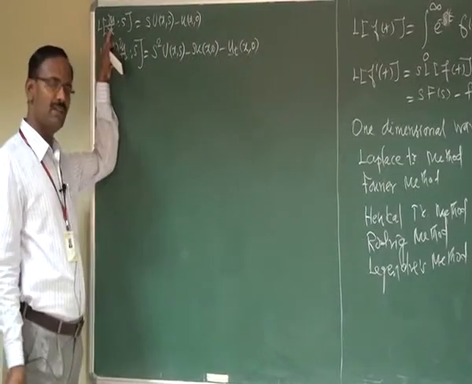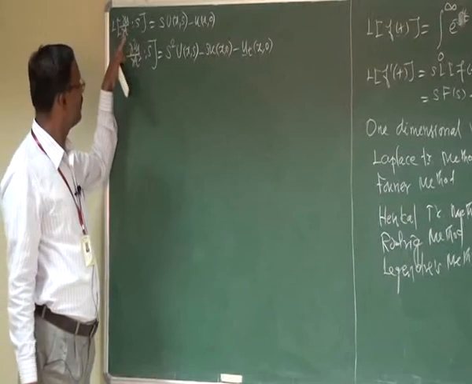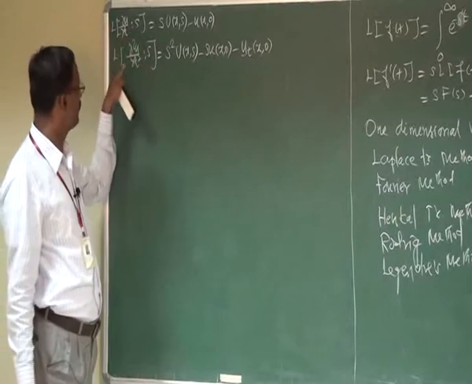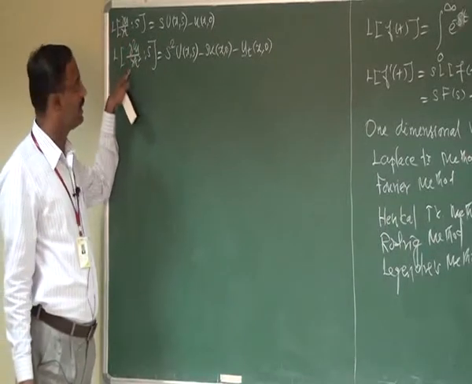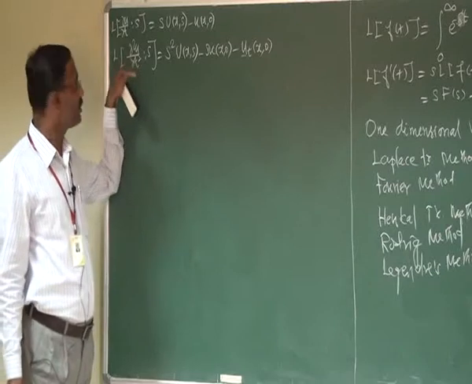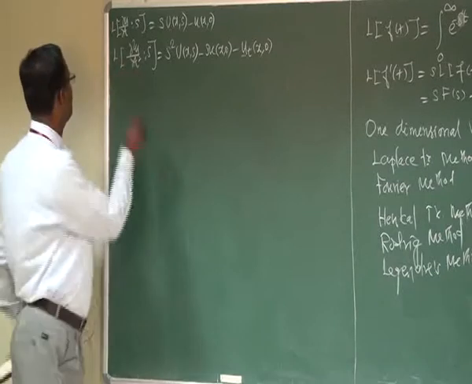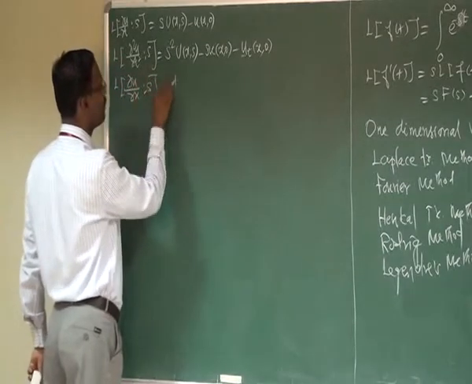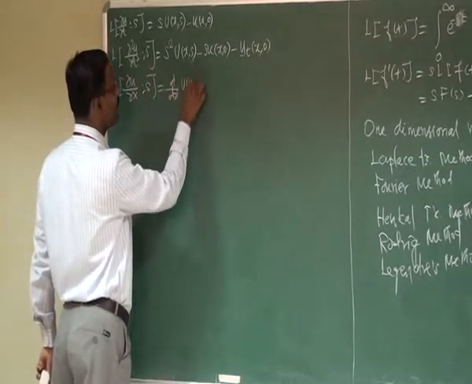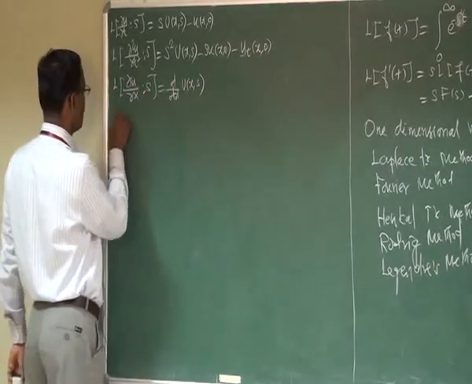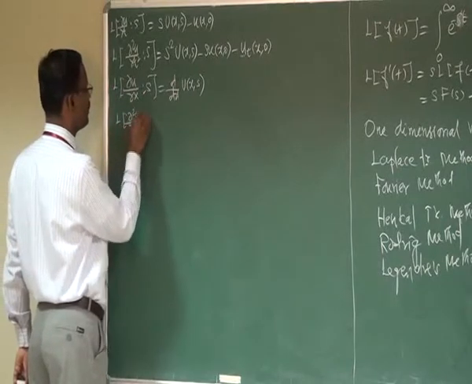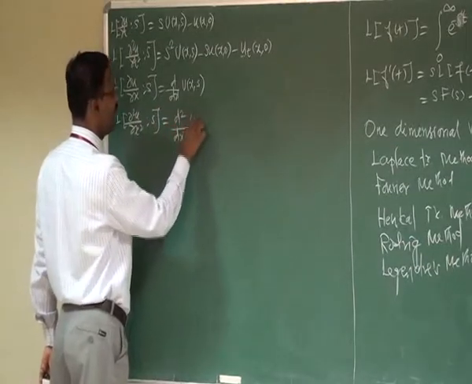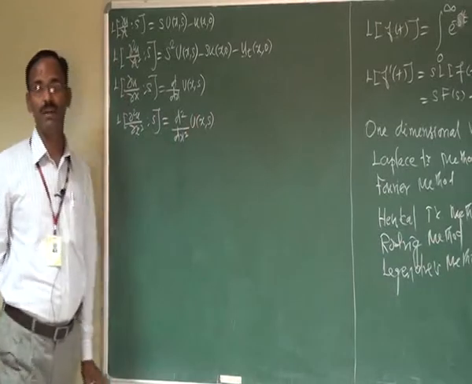So the first one is the Laplace transform of the partial derivative of the function u with respect to t, whereas the second one is the Laplace transform of ∂²u/∂t². In a similar way, the Laplace transform of ∂u/∂x is equal to d/dx of U(x,s). Here the Laplace transform of ∂²u/∂x² is equal to d²/dx² of U(x,s).